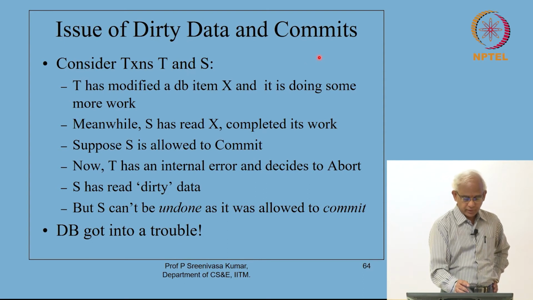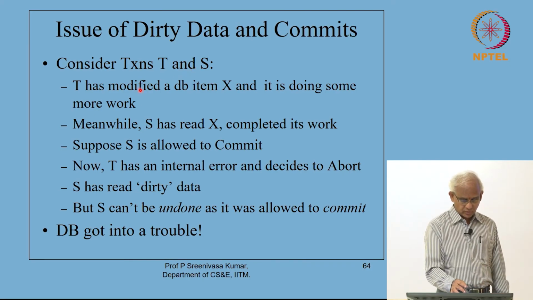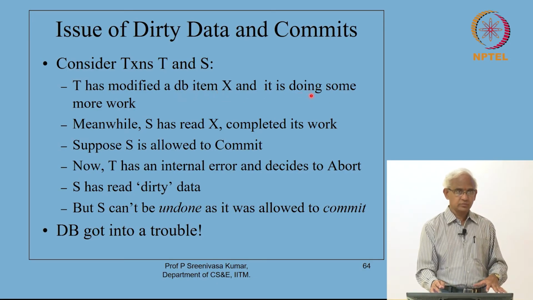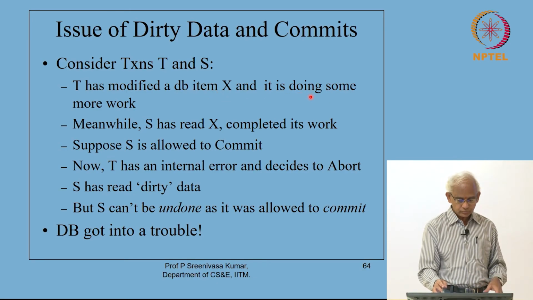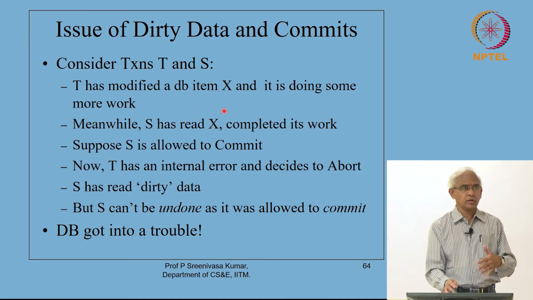Suppose we consider some transactions T and S. T has modified a DB item X and it is doing some more work. It has released the lock on item X. It does not require any more items to be locked. So, following the two-phase locking principle, it has released the lock on DB item X.